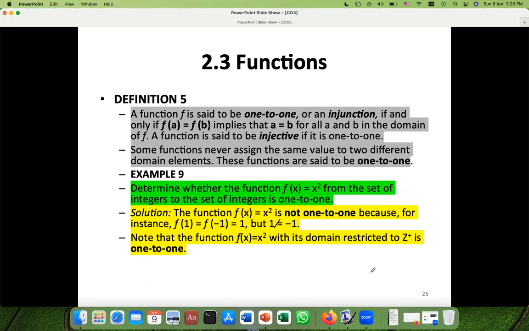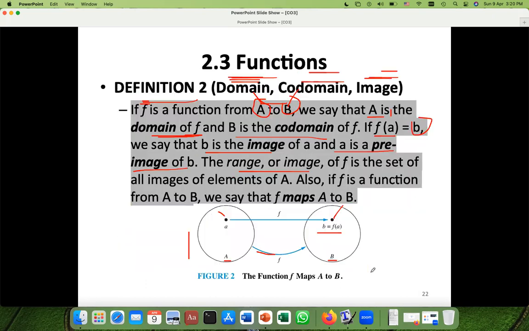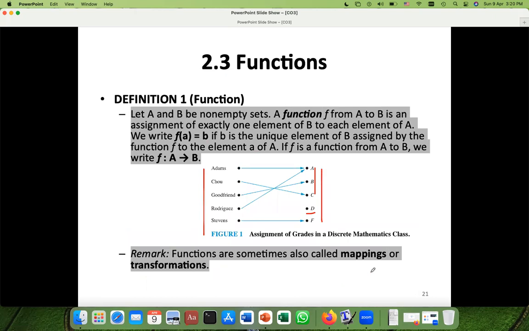And now one-to-one. This is similar to the definition of a function with a little bit of restriction. Or you can say it is similar to the definition of the simple function that you have seen initially. Exactly one element of B for each element.